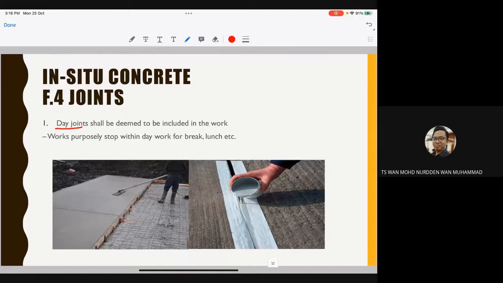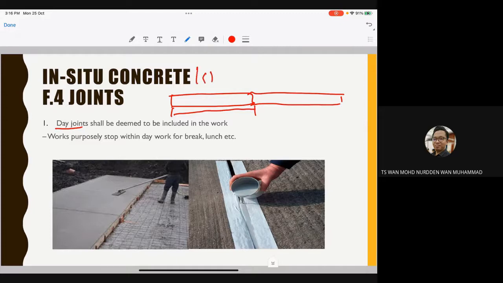The joints ni sebenarnya kita nak buat, let's say katalah kita yang buat slab. Okay, panjanglah slab tu. Okay, so kita buat slab ni 1 hari. And then this slab kita akan buat ni first day, ni second day.